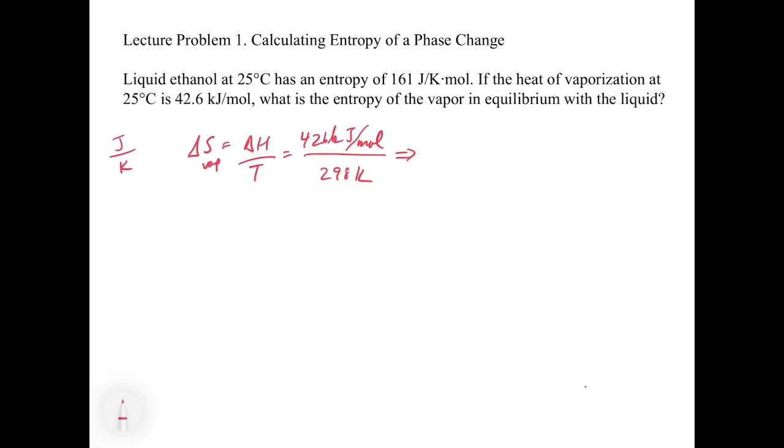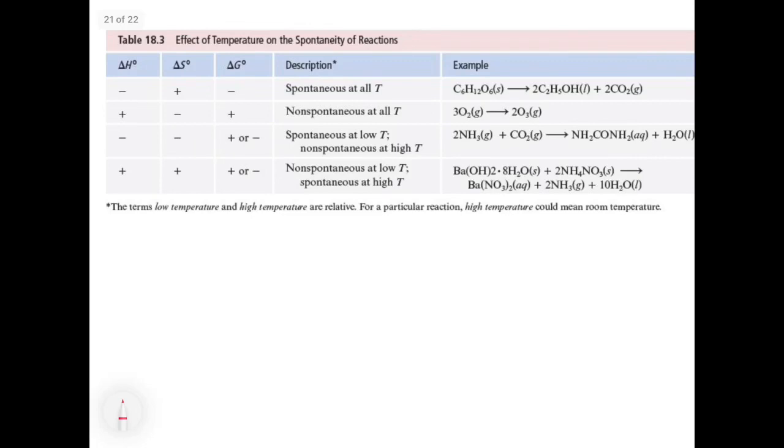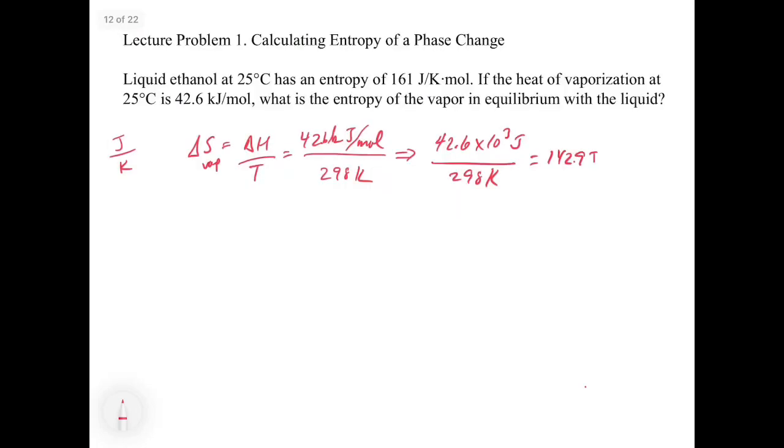So we're going to get 42.6 times 10 to the third joules, so we multiply that by 1,000, divided by 298 Kelvin. And when you do this, we get 142.9 joules per Kelvin. So that is the delta S of the vaporization.